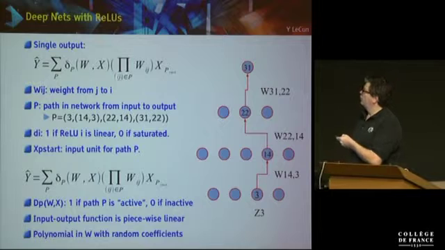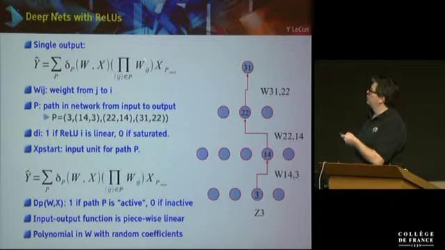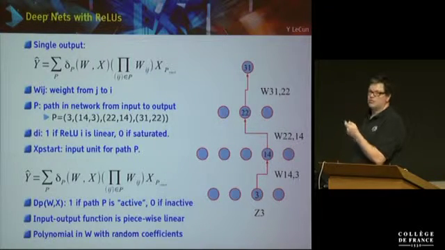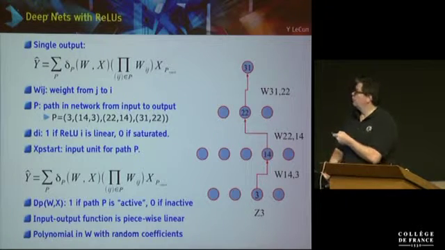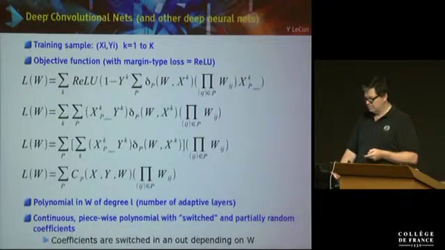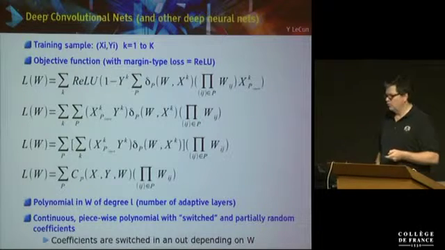So inputs and outputs summed up over all the paths. A sort of polynomial in W, the weights, with the difference that you have this indicator function that is a bit of a problem. It doesn't exist, though, if the system is linear.